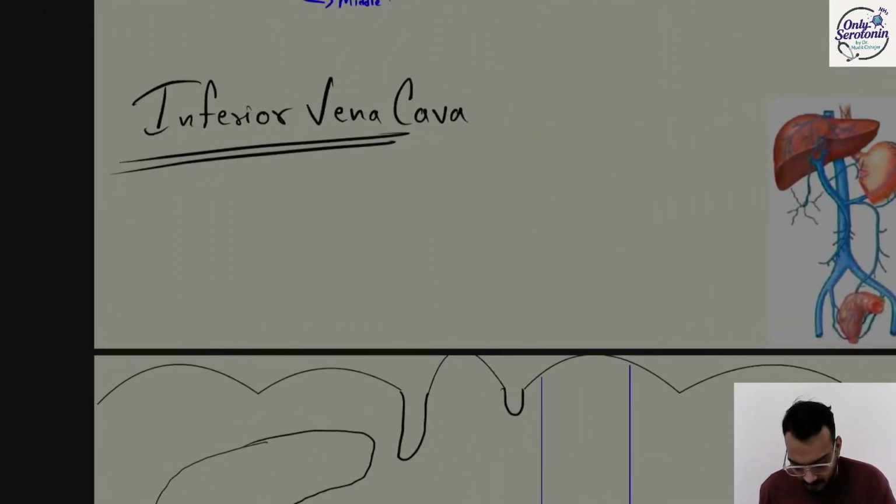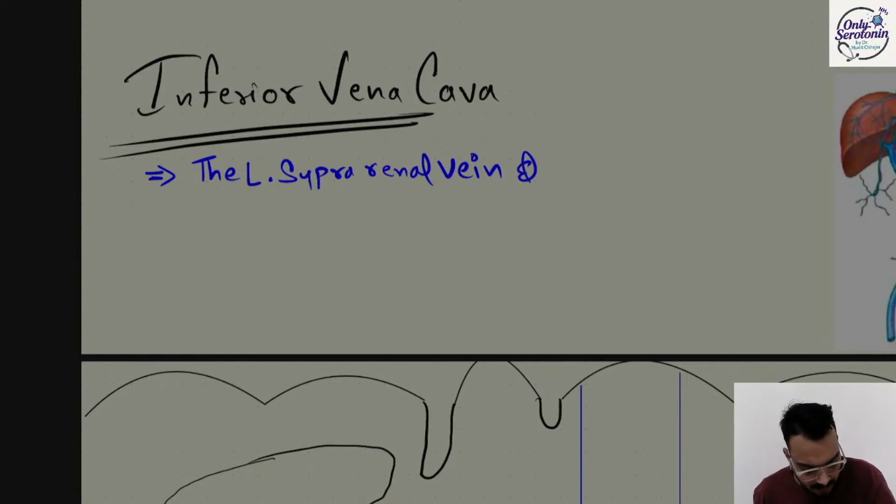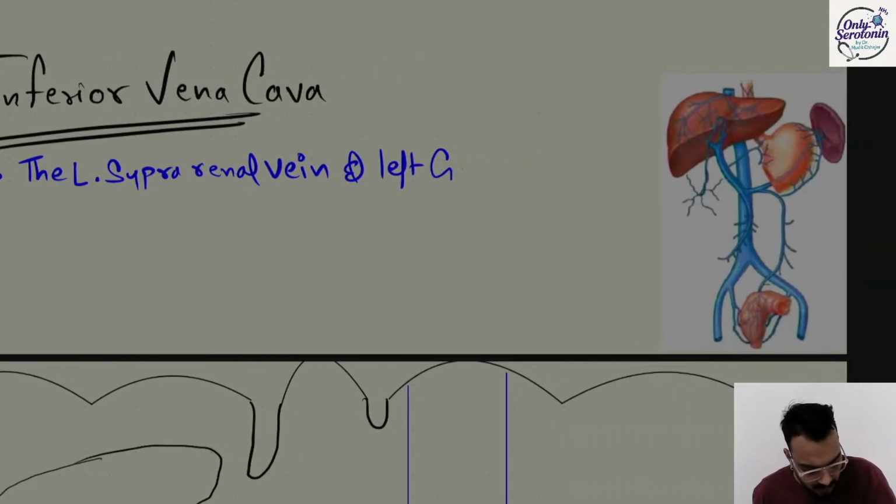Now, inferior vena cava. What is the inferior vena cava, guys? All of us know what this is. Important points inside the inferior vena cava are the left suprarenal vein and the left gonadal vein.